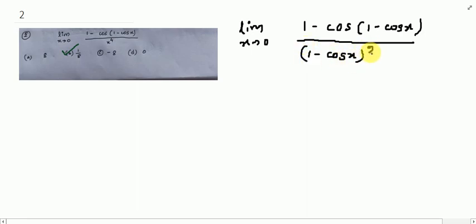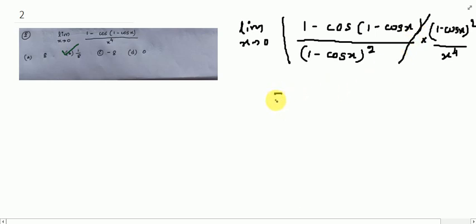This will be an extra term, therefore to balance that let me consider 1 minus cos x whole square in the numerator also, divided by x raised to 4 which was already there. Okay, now this limiting value is equal to how much?